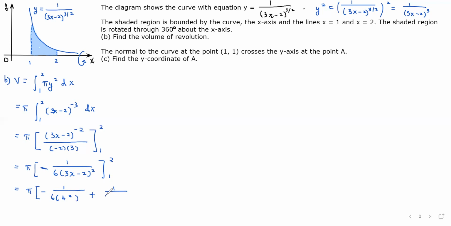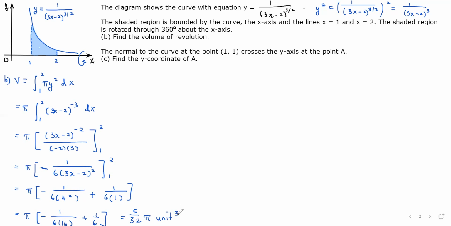So we have 1/6, and then 3 times 1 is 3 minus 2, so this is just a 1. And this part here is pi times 1/6 times (1/16 plus 1). This can be evaluated using a calculator, and we get 17/96 pi cubic units for the volume.